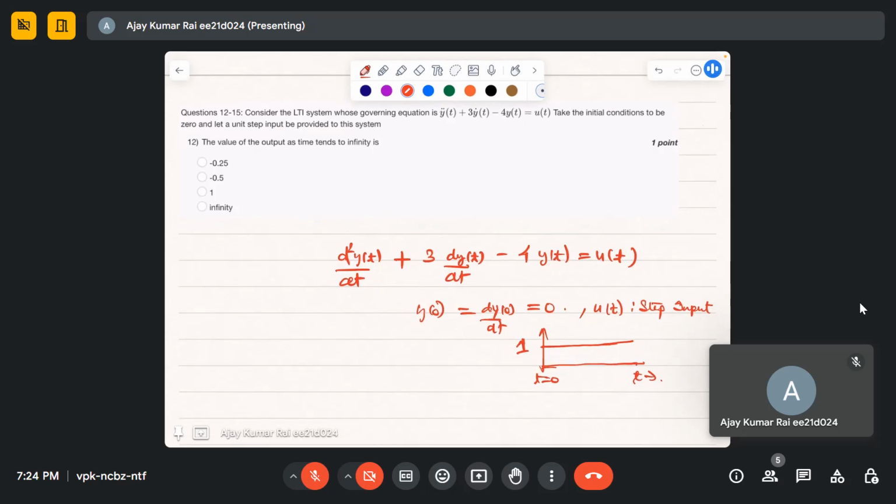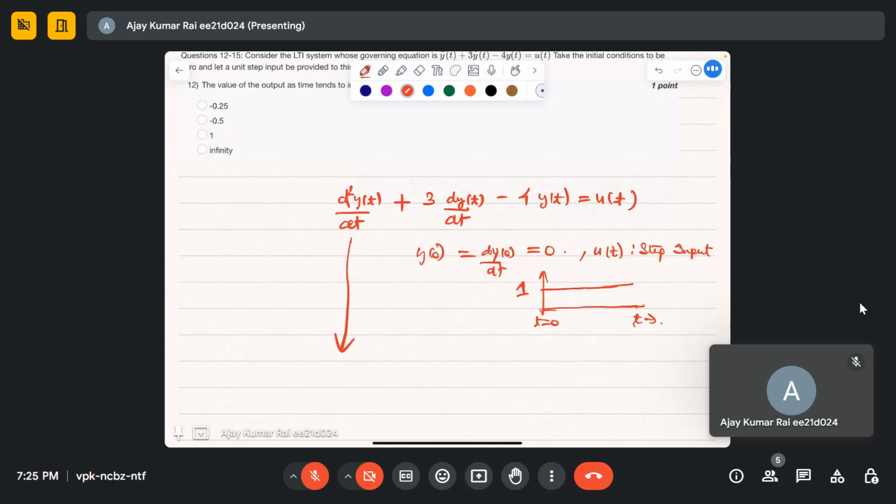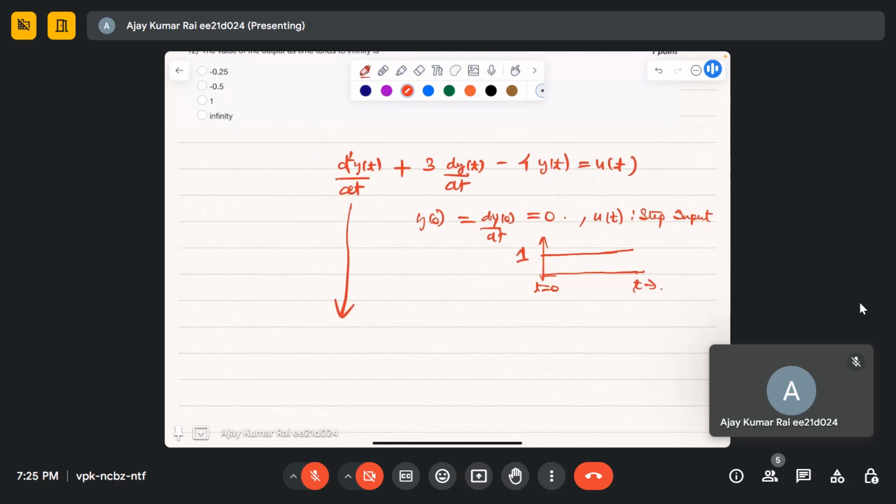The value of the output as time tends to infinity. So let's first find the Laplace transform.